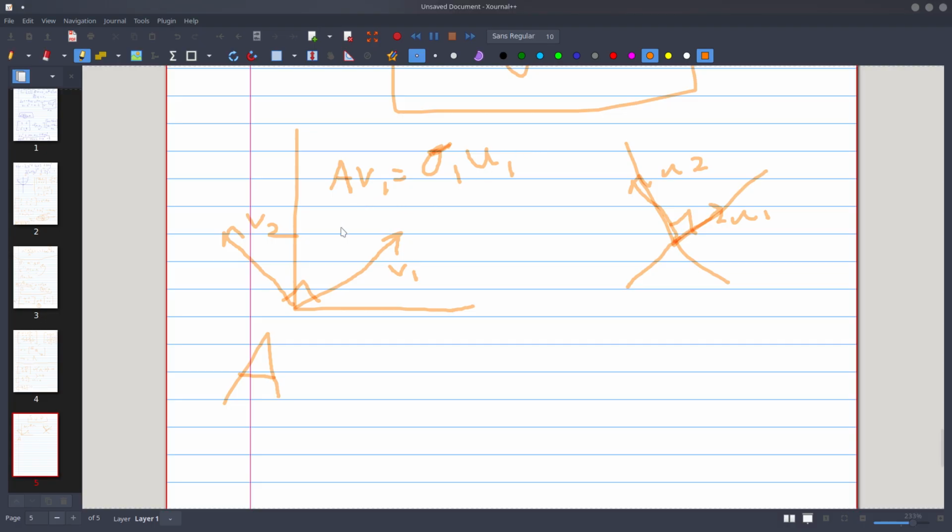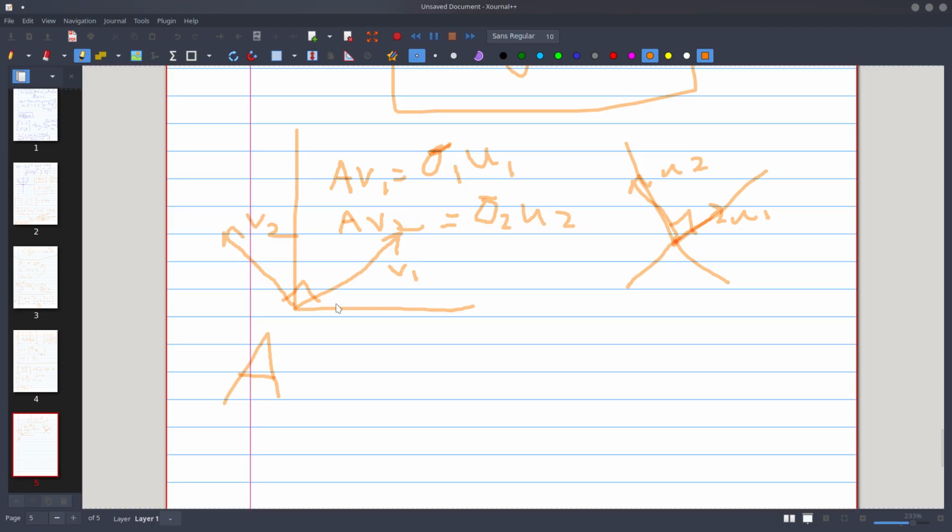So A, some linear transformation, some function, is multiplying this first vector and producing a multiple of this basis vector. Do you see that? I hope that's clear. Then A times v2 is going to produce sigma 2 u2, a multiple of this other basis vector.